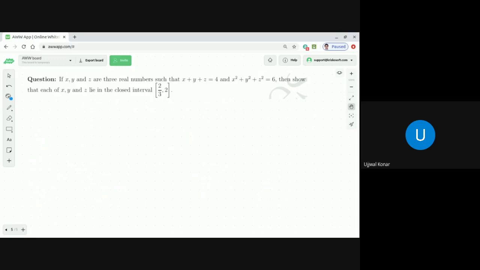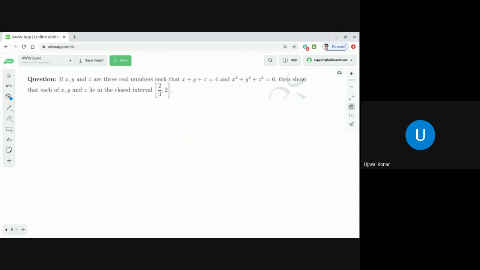If x, y, z are three real numbers such that x plus y plus z equals 4 and x square plus y square plus z square is equal to 6, then show that each of x, y, and z lies in the closed interval [2/3, 2].